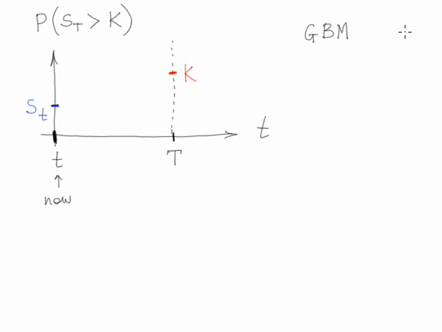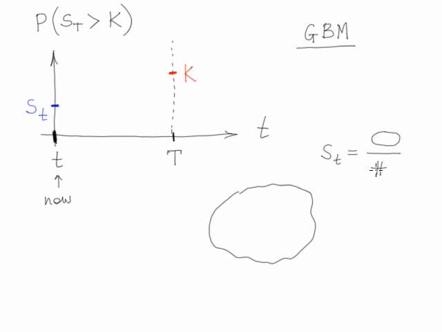So geometric Brownian motion, let me talk a little bit about it. Well, how I understand it, there is a large company with huge capitalization, and the stock price of this company is equal to the capitalization of this company divided by the number of shares.